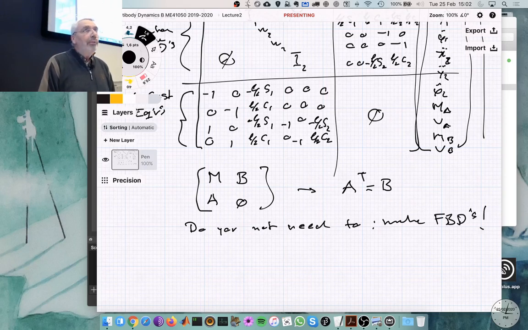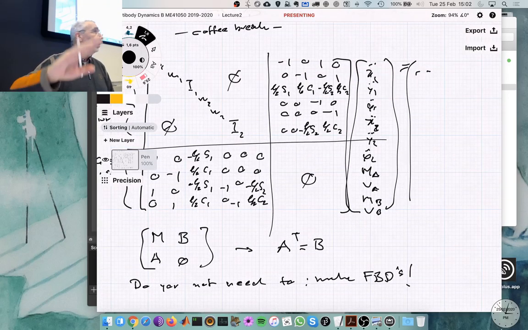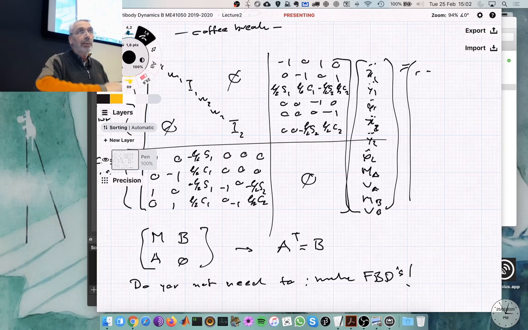You could argue, yeah, but then on the right hand side, these are all forces at the center of mass and they have nothing to do with cutting the bodies, it's just putting in the forces there. So that is a very attractive scheme, because I noticed that you are lousy at making free body diagrams. So in this course you can just skip it.